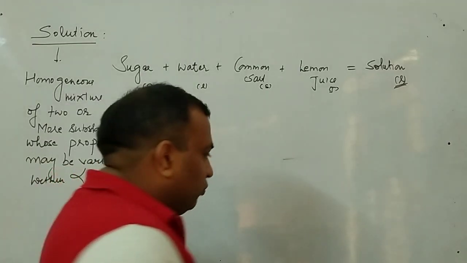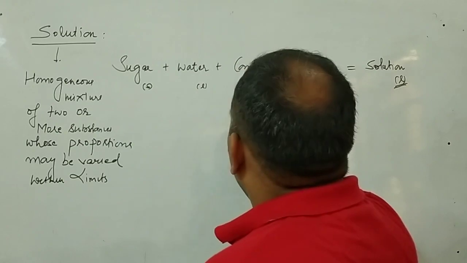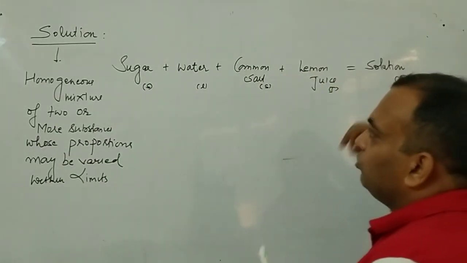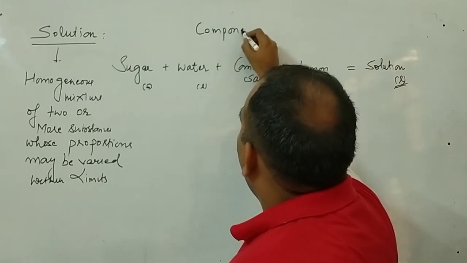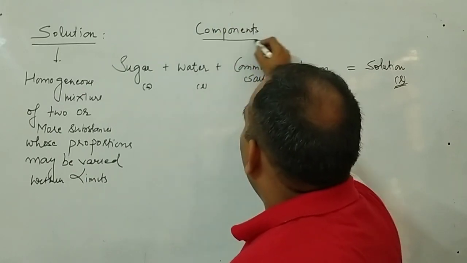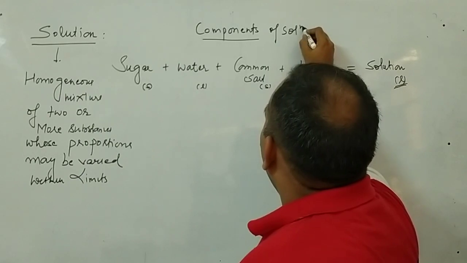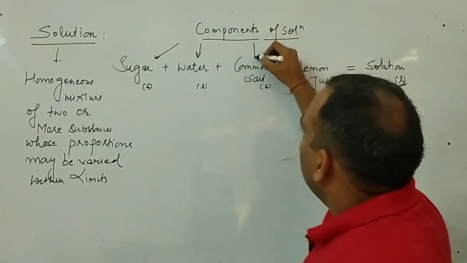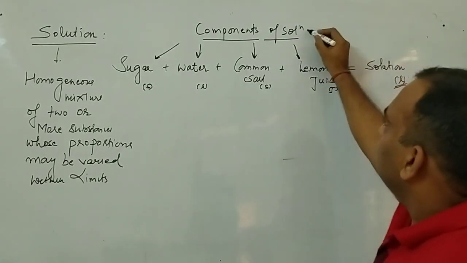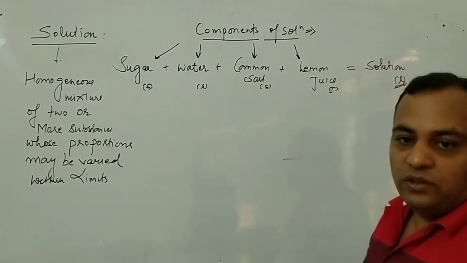Now students, come to the next point. I have used these substances for making the solution. These are said to be the components of solution. You got my point? Components of solution: sugar, water, common salt, lemon juice. So what is the meaning of components of solution?